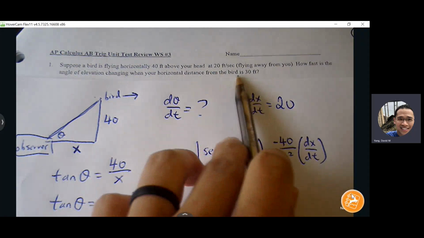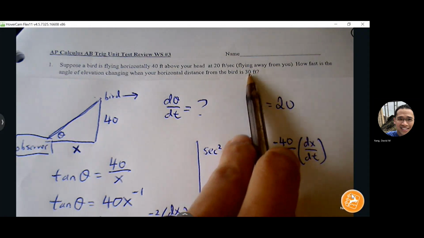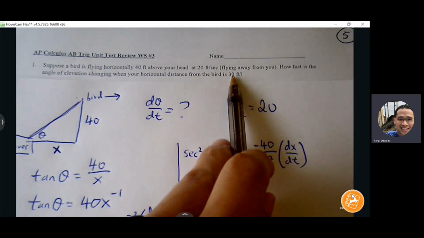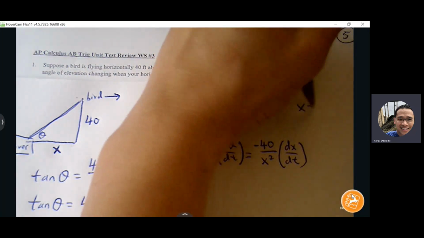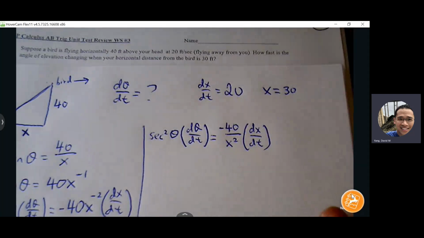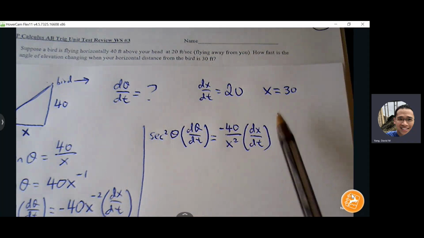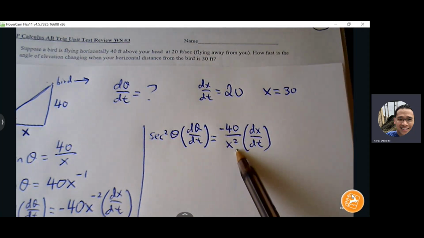When the horizontal distance is 30 feet, 30 is what? A moment in time, right? We know this is not a constant, but it is just a moment in time that's going to help us with our second triangle that we're going to build. So we have a perfect replacement for x, which is 30.